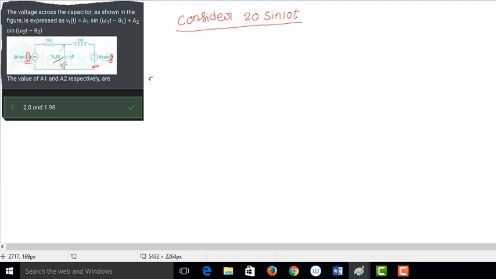So we need to deactivate the other sources, and we can redraw this network. We are considering only this voltage source. We should deactivate the other sources. What is the other source here?